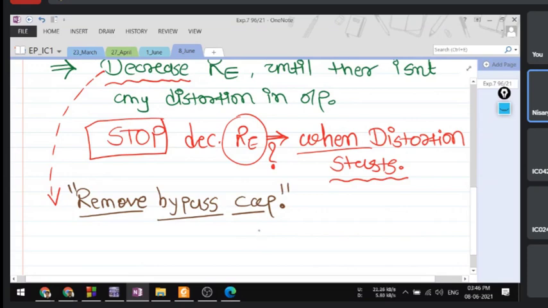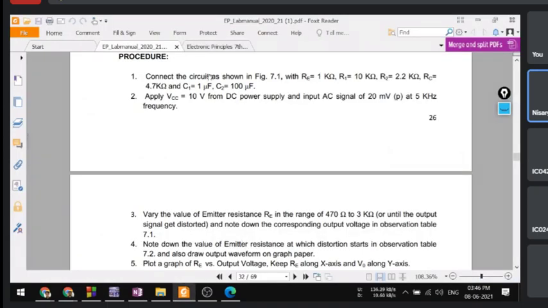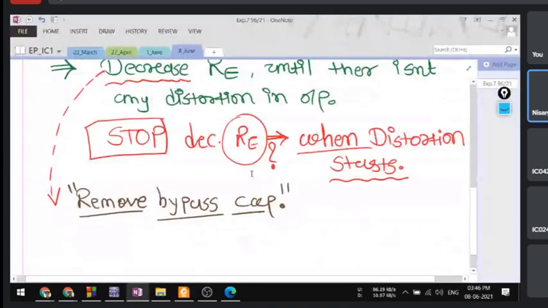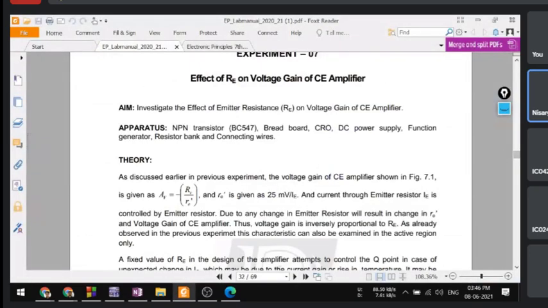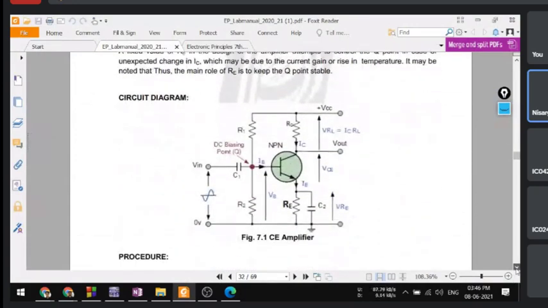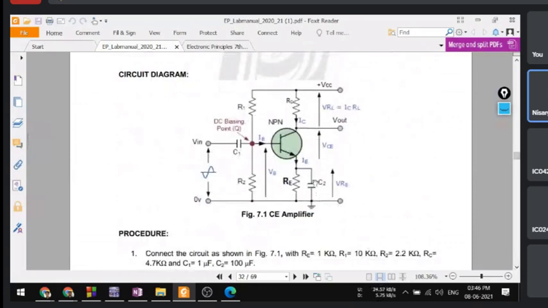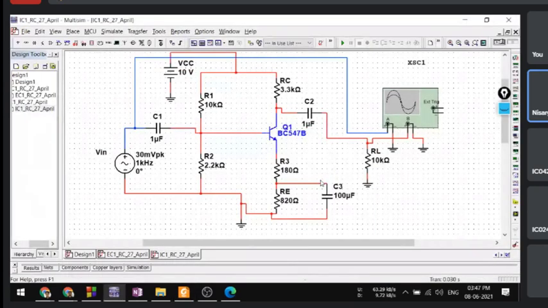So here, let me tell you. Remove the bypass capacitor. In your manual it is connected, but actually you have to remove it. Obviously, on removing the capacitor, look, this is a circuit, but let me correct it.